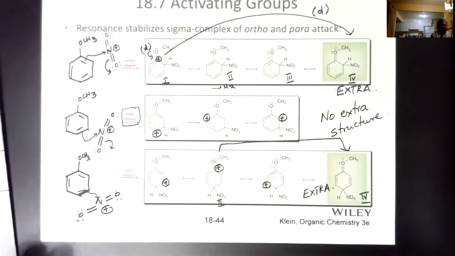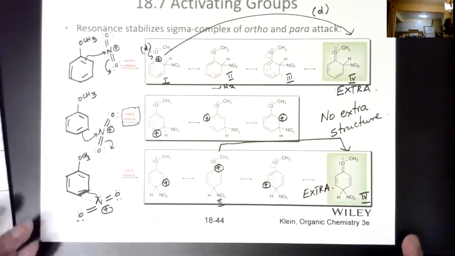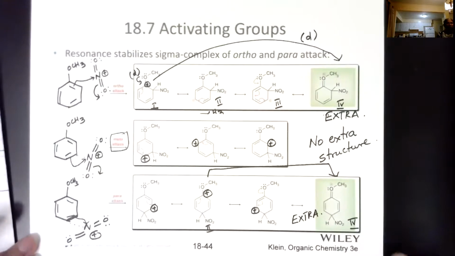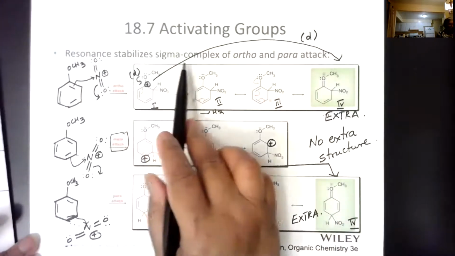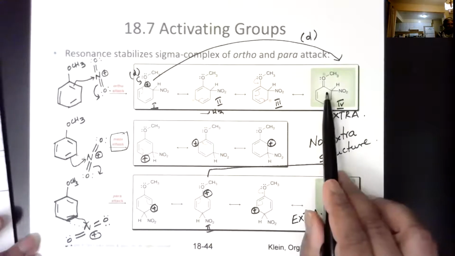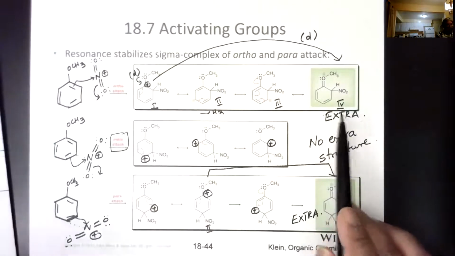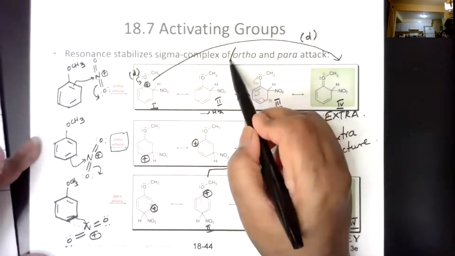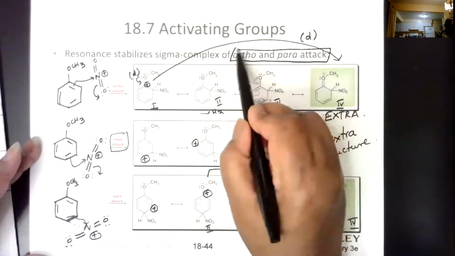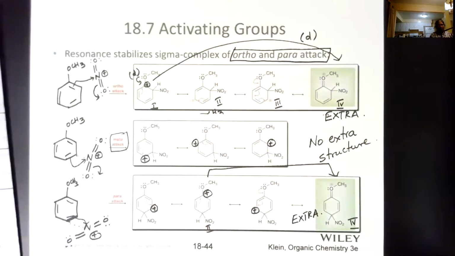So what's the conclusion? Resonance stabilizes the sigma complex. So these resonance structures are called sigma complexes of the ortho and para attacks.